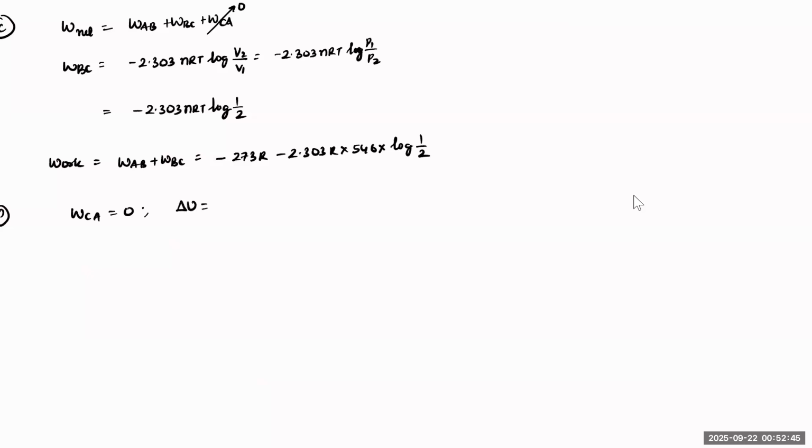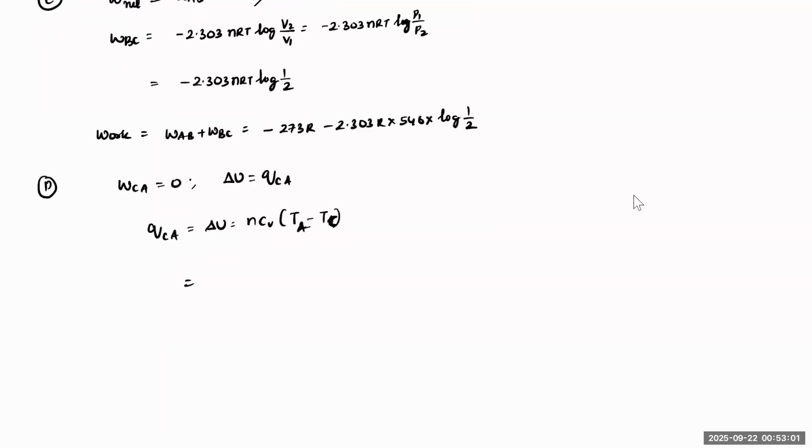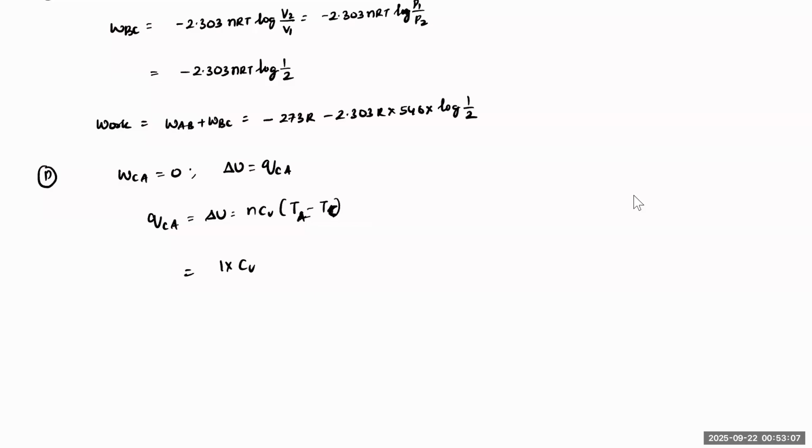Then delta U will be equal to Q of CA. So QCA is equal to delta U, which is equal to nCV times TA minus TC. That is equal to 1 into CV, and it is a monoatomic gas, right? So therefore 3 by 2 R.